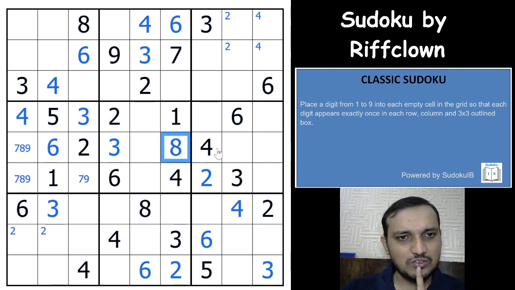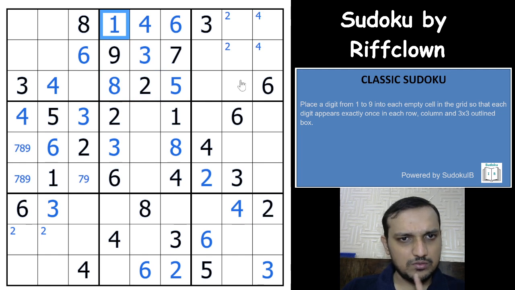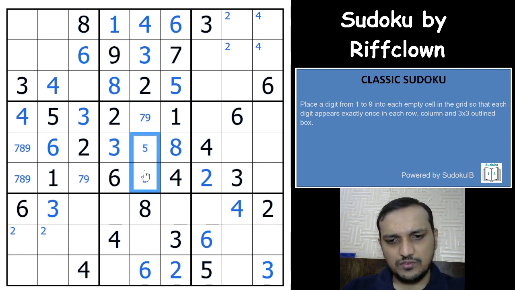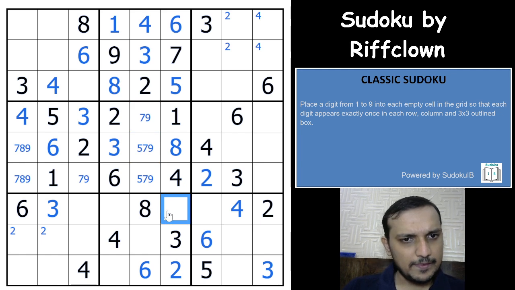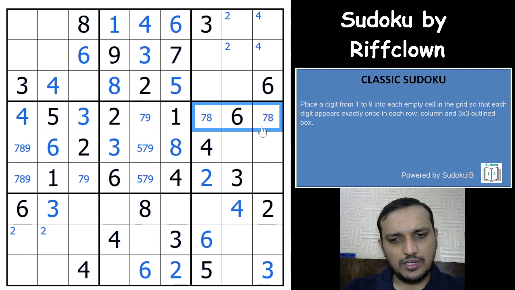This Sudoku is getting solved fast, okay. 1, 5 and 8 here, so you get an 8 here, 5 and 1. Wow, we completed this box. 5, 7 and 9, so this is 7, 9, 5, 7 and 9. 7, 8 and 9.